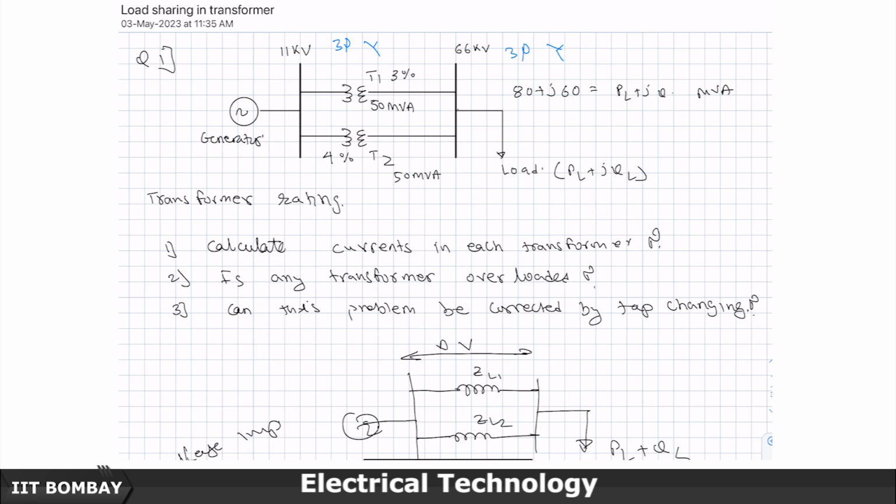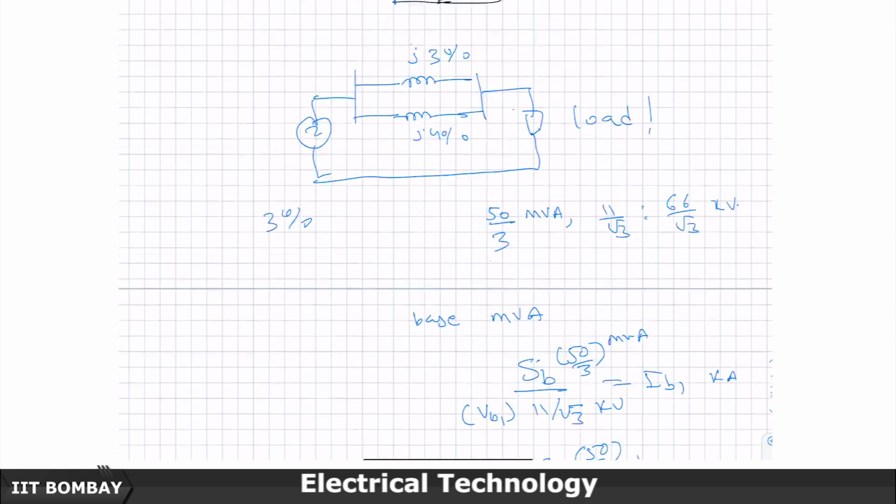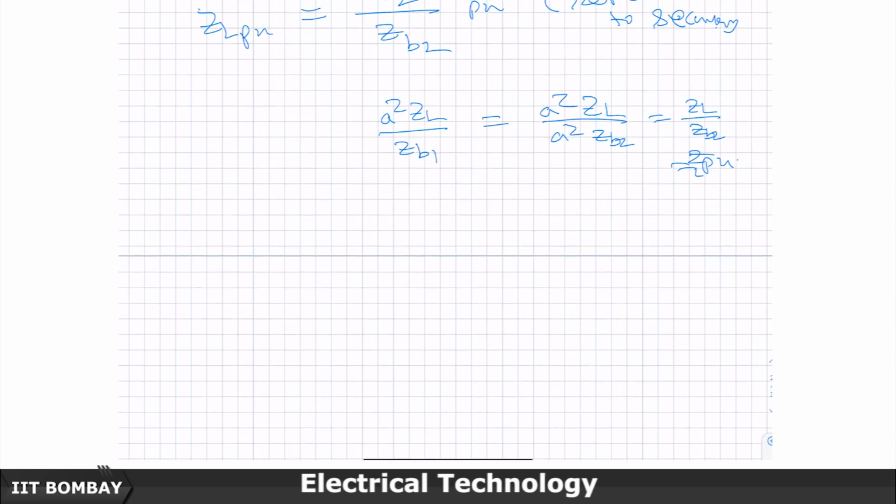The load here, for example, if there is some per unit load on the secondary side, the same load will appear as per unit load on the primary side also. This is what I just showed you: the load in per unit on the primary side and in the secondary side is the same.